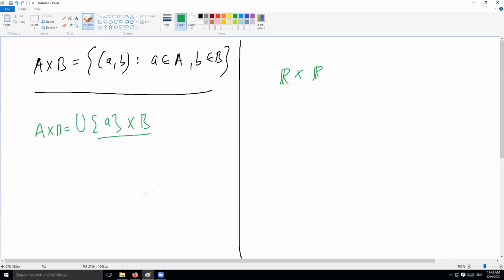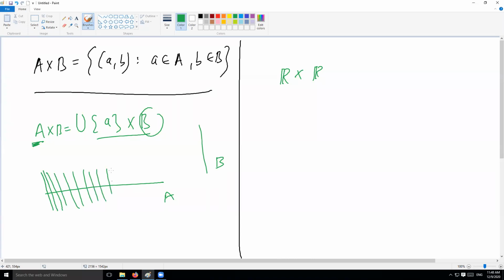In other words, with every point in A, associate a copy of B. If this is my A and that's my B, then A cross B says that to every point in A, attach a copy of B. So I'm attaching a copy of B at all points.